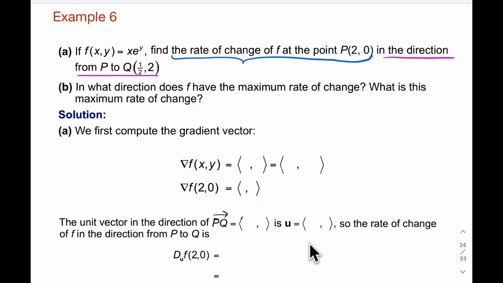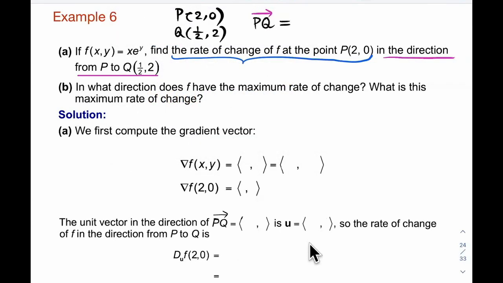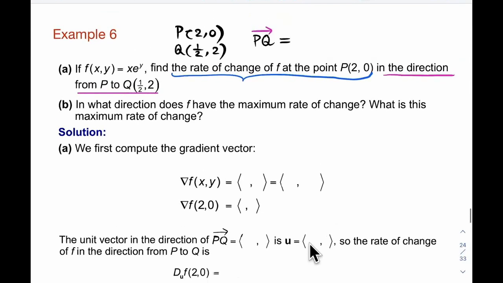Let's figure this out. P is (2, 0). Q is (1/2, 2). So the direction from P to Q: remember how we calculate this vector, we subtract the initial point from the terminal point. It will be a vector with two components.